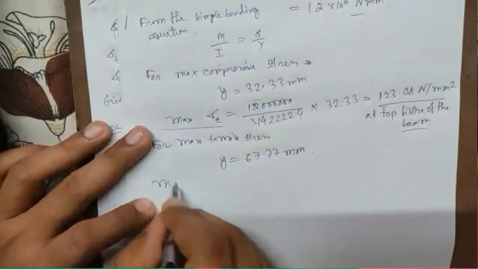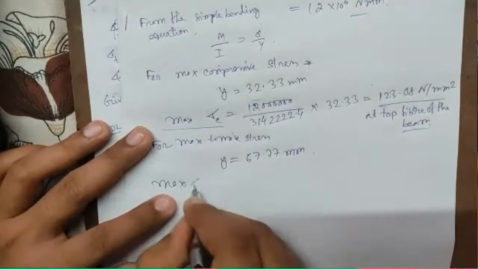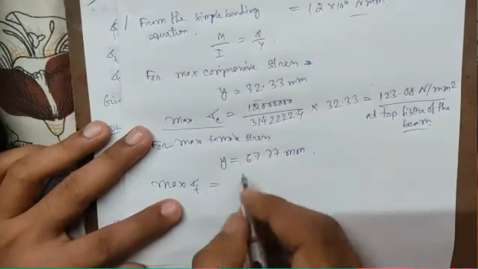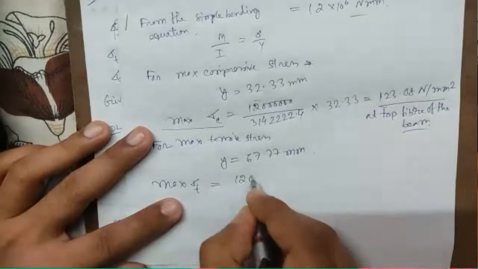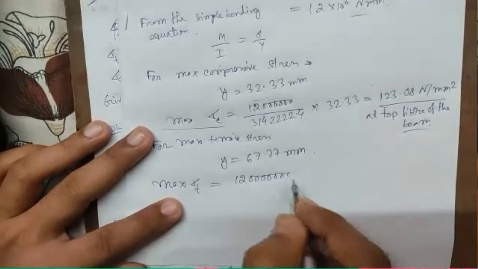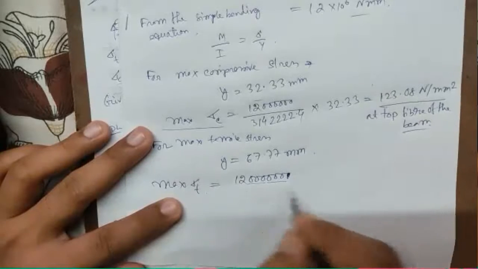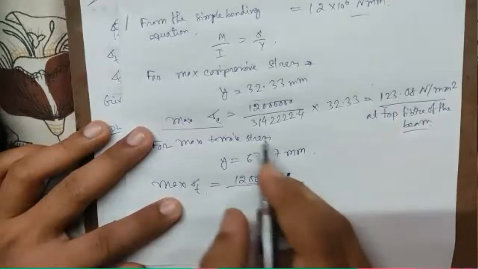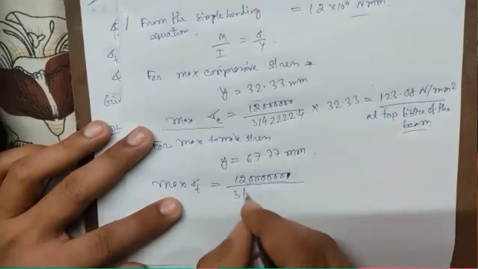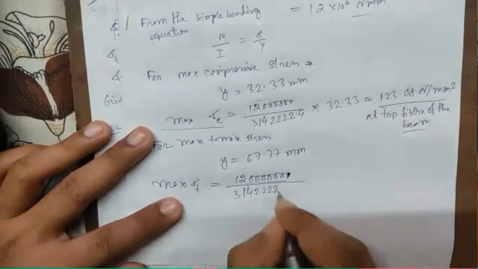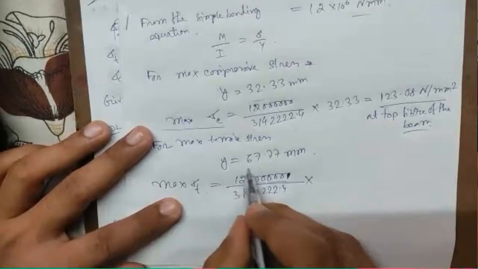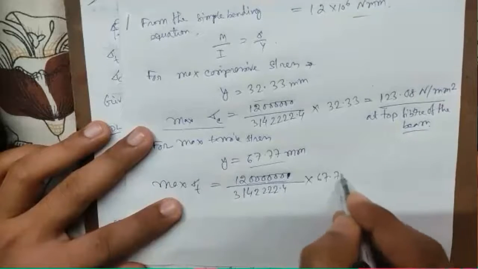Now put the values in the formula. Tensile stress will be 12 then 6 zeros, divided by the value of I, 3142222.4, into this y value 67.77.